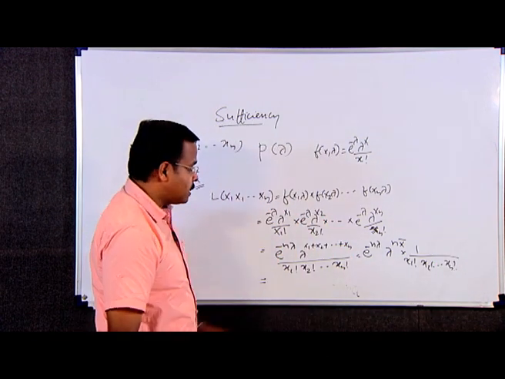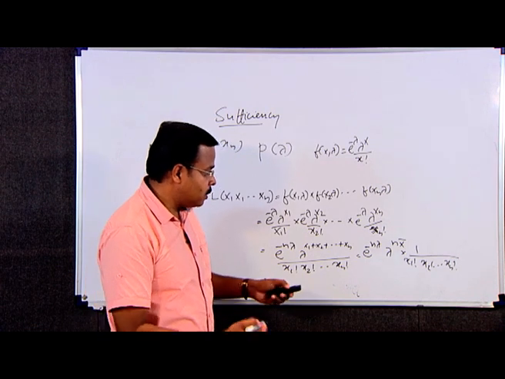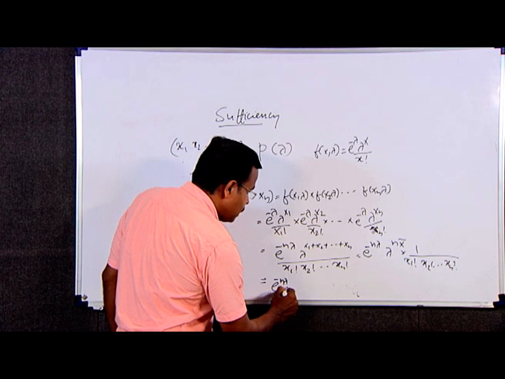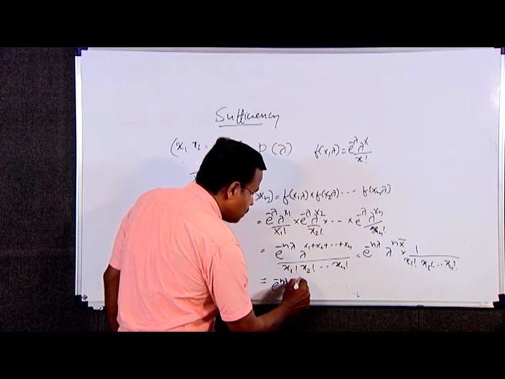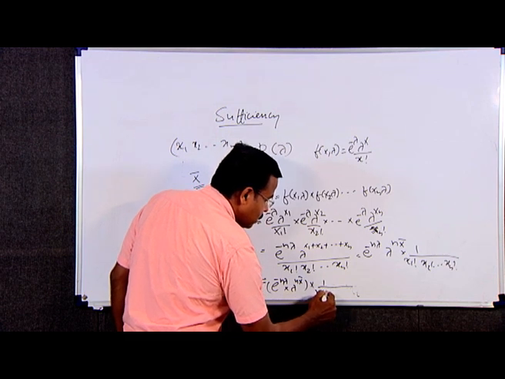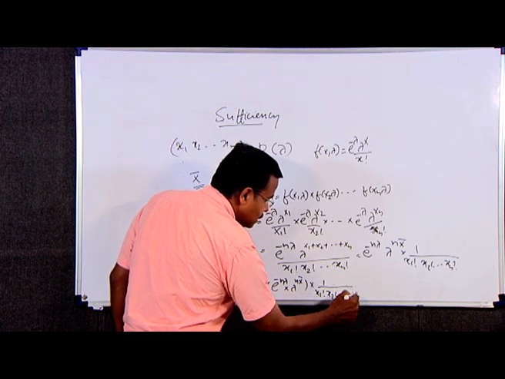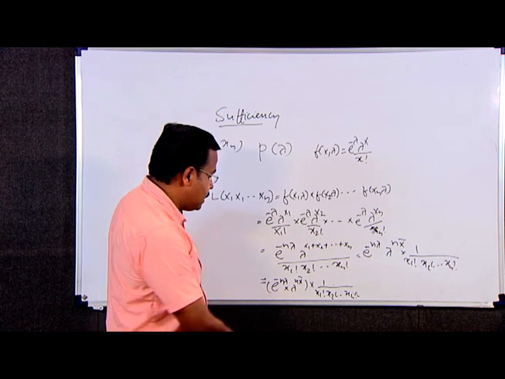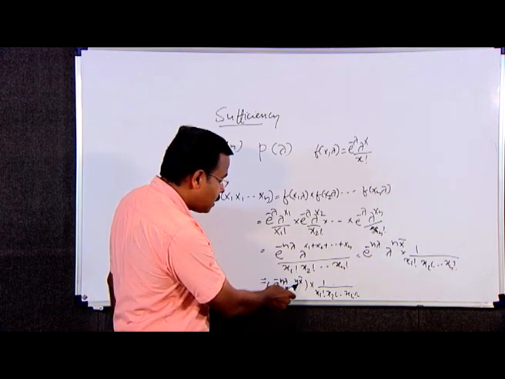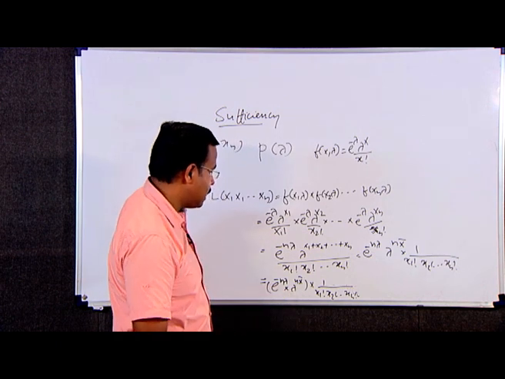Now, the likelihood function is just a product of two functions. One is e raised to minus n lambda into lambda raised to n x bar, and the second is 1 by x1 factorial, x2 factorial, etc., xn factorial. Here we can see the first one, e raised to minus n lambda into lambda raised to n x bar, is a function of x bar and lambda.